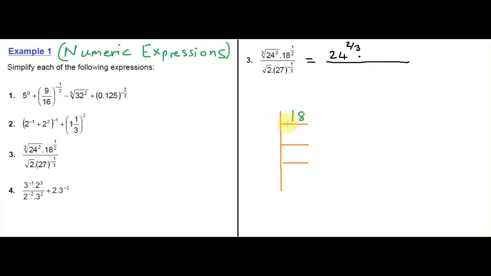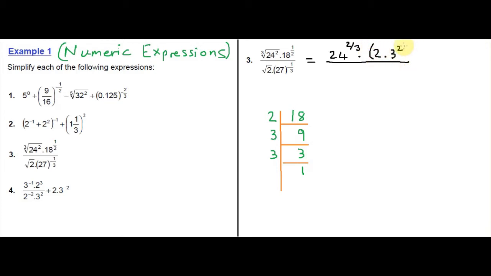The smallest number into 18 is 2, and it goes 9 times. The smallest number into 9 is 3, and it goes thrice. The smallest number into 3 is 3, and it goes once. So from this we can see that we can write 18 as 2 times 3 squared.